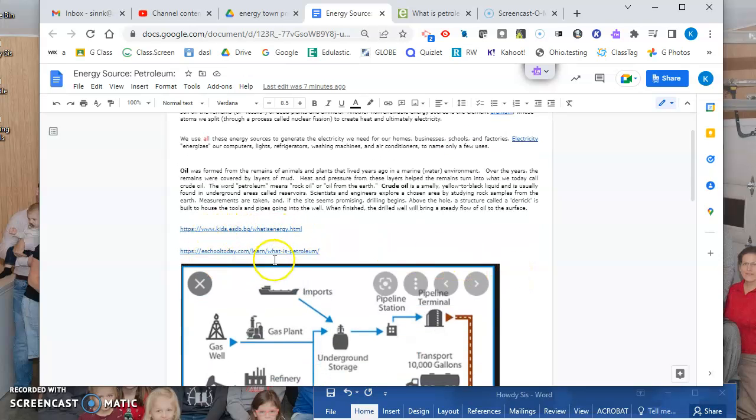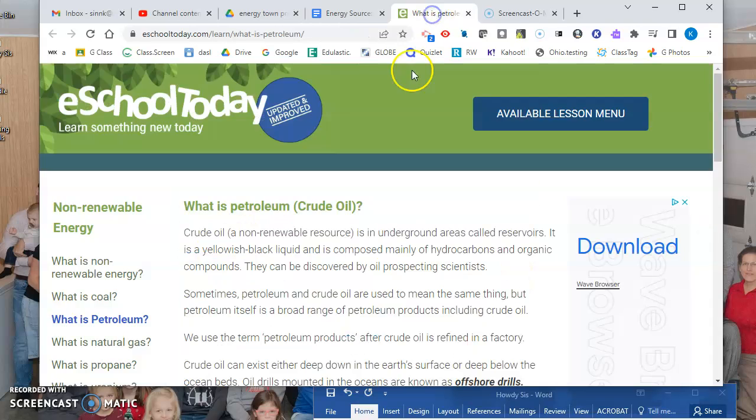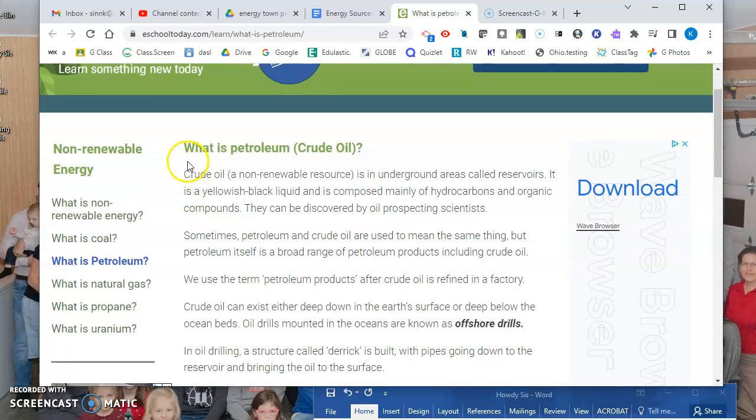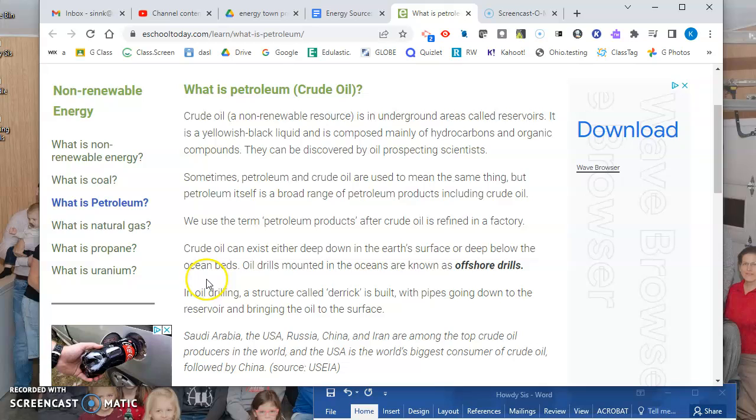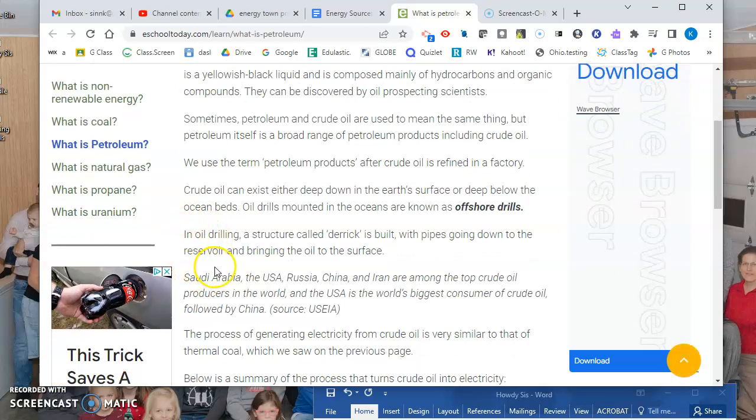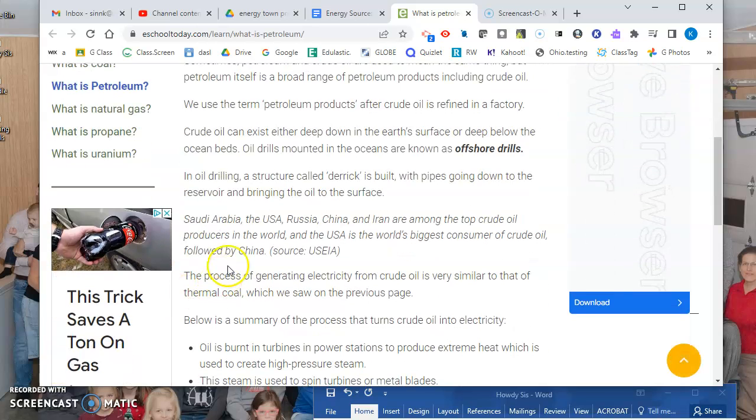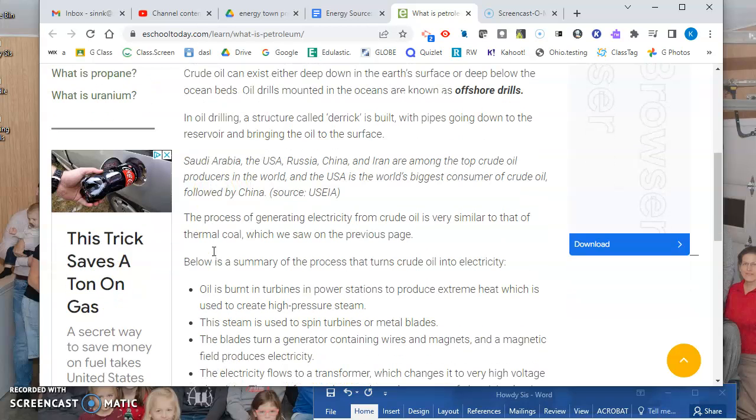So if you go to this site, it will look like this. eSchool Today tells you some of the basic information I just told you from that first paragraph. Derrick is built. Here it tells you the countries around the world that produce a lot of crude oil.